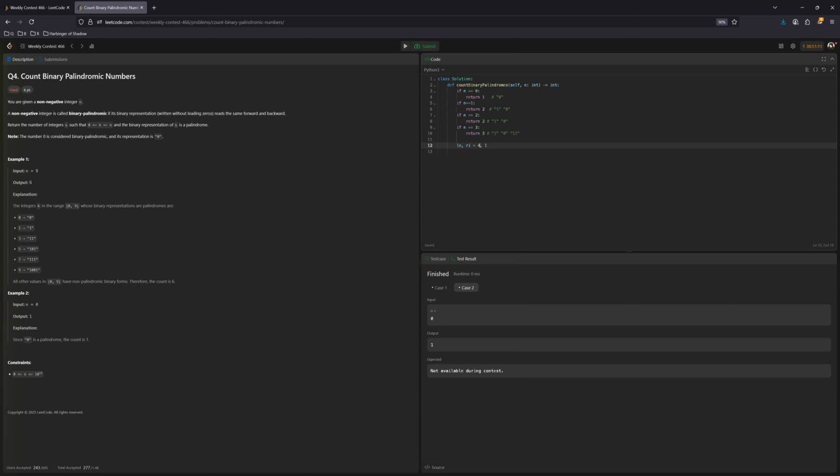So it would be 4 and 1. Right? We have to handle the cases separately, the even and odds.